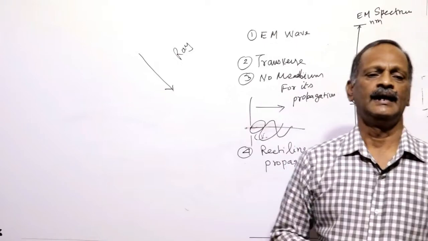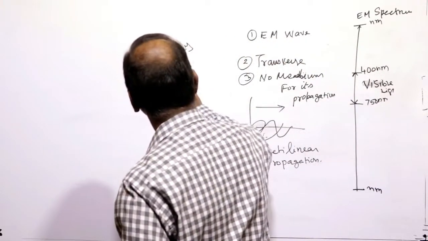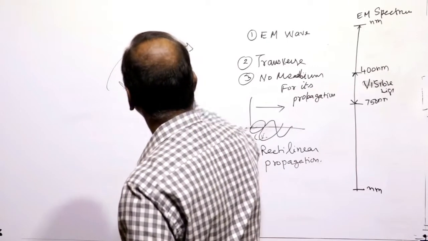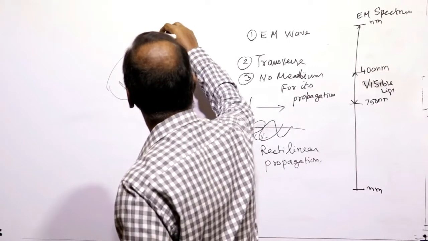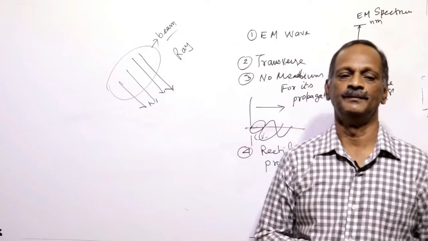And a bundle of such light rays, meaning several light rays, we call a beam.